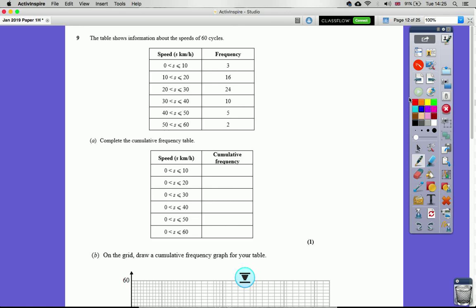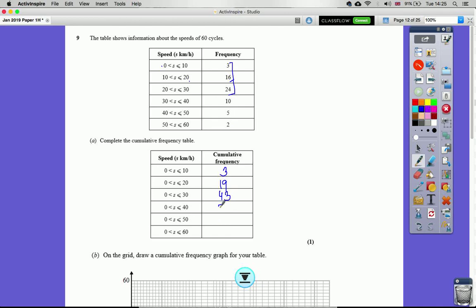Move on to the next question. Question number 9. Okay, this is a question on cumulative frequency. We're going to first fill in the cumulative frequency table. So between 0 to 10, there are 3 cycles. Between 0 to 20, it's 3 plus 16, 19. Then 3 plus 16 plus 24, which is going to be 43.